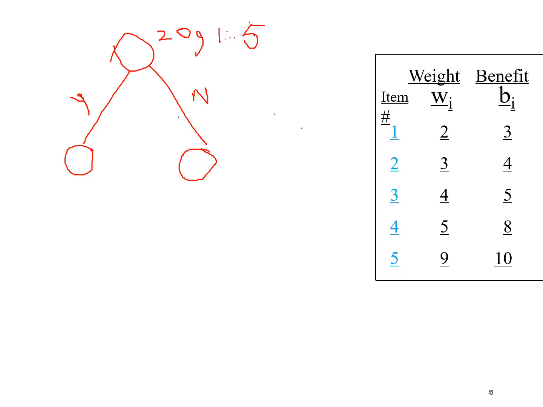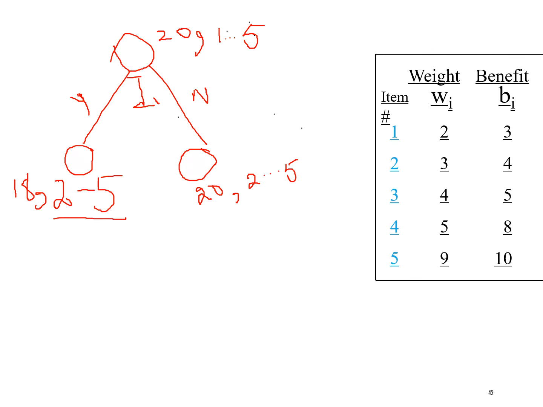So just like this is the same problem. We have capacity 20 and we have 5 items. Taking the decision about item number 1, either we pick it, yes, or we will not pick it, no. If we pick item number 1, then the remaining capacity would be 18, and the remaining items would be item number 2 to 5.